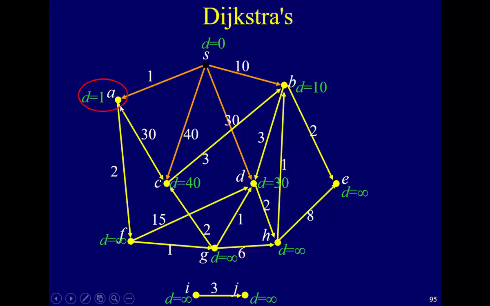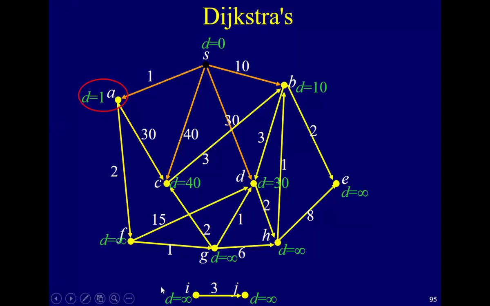A has the smallest d value, so we handle it. When we handle it, that now becomes a handled node, so it's going to be black, which, sorry, you can't see. But these yellow edges were unhandled, and we make them handled.